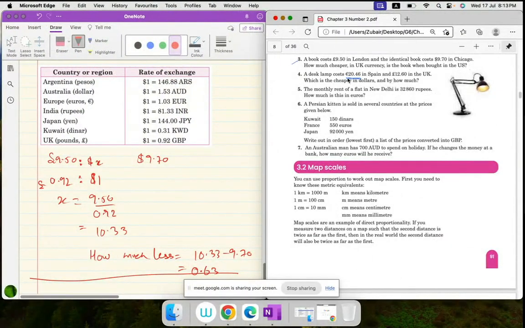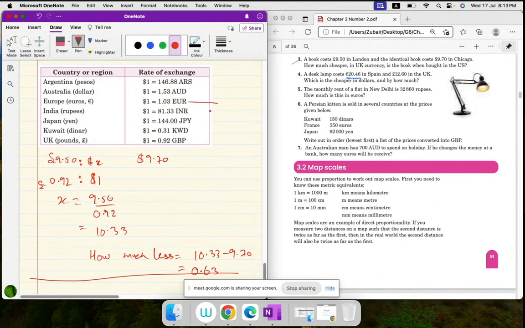See, the first one is euro to dollar. Haris, this is euros. Okay. 20.46 divided by 1.03 gives $19.86. 19.864077.